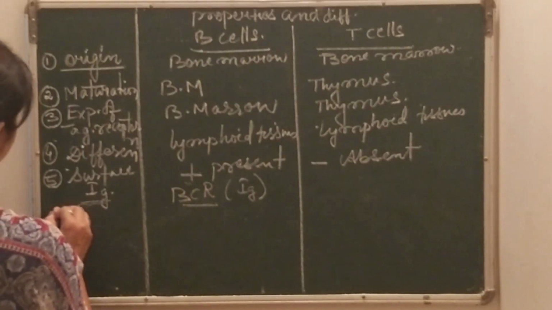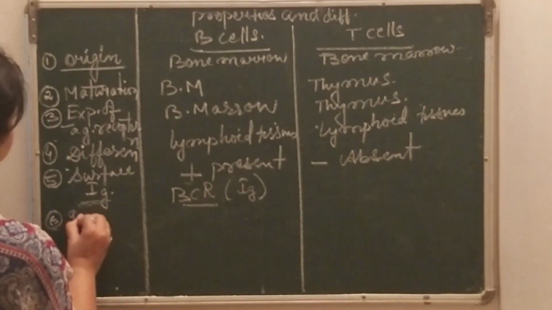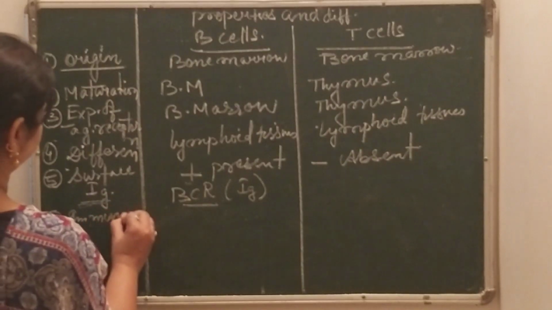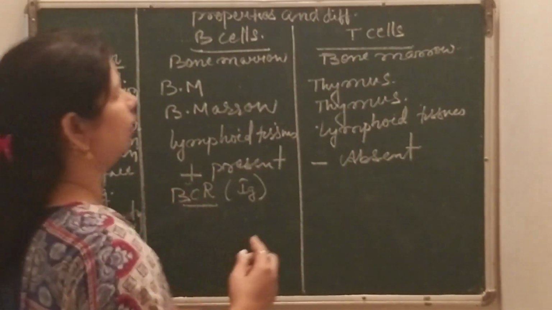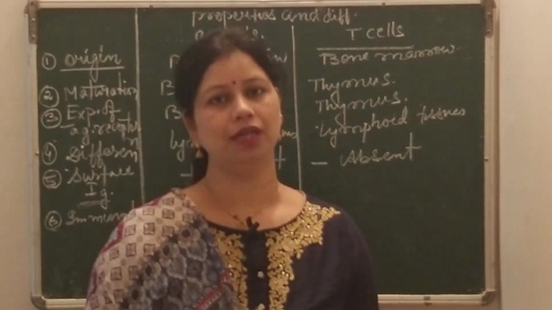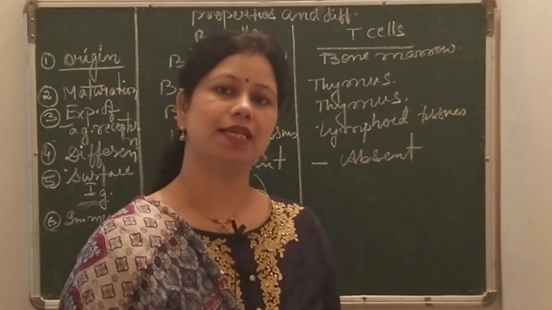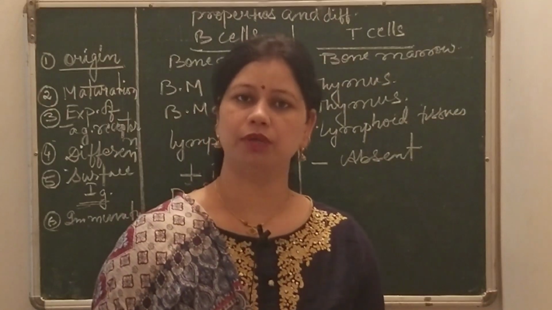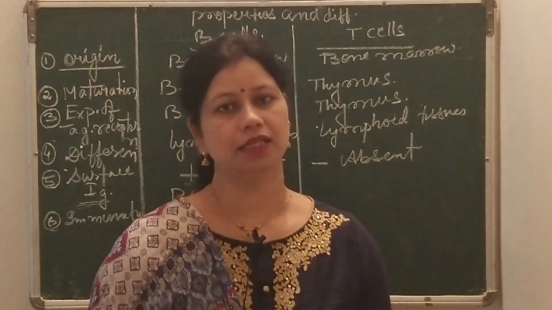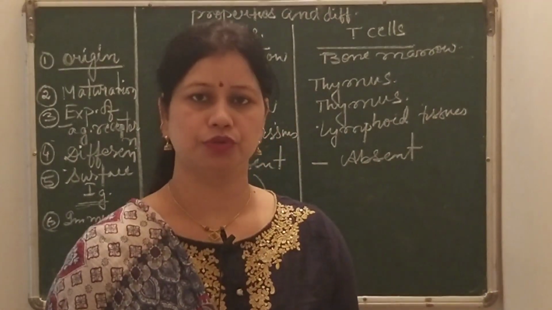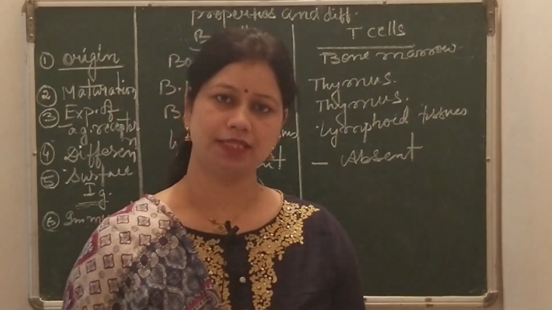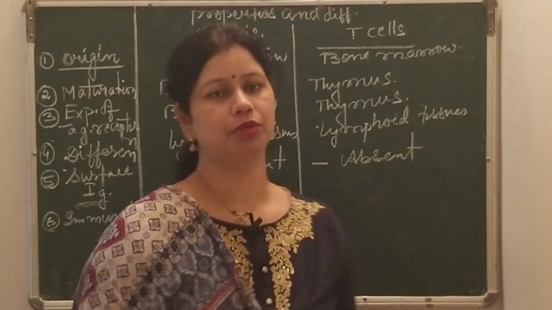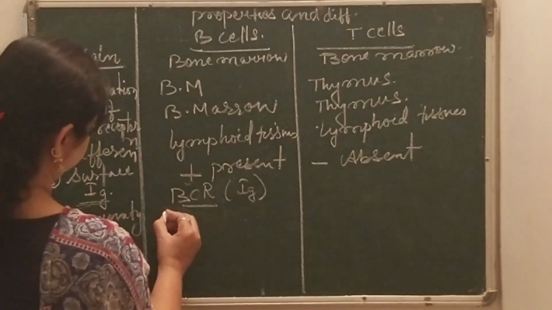Next point is about the type of immunity the T and B cells show. So, B cells show humoral type of immunity, HMI, humoral mediated immunity, and in case of T cells they show cell mediated immunity, CMI, as well as humoral mediated immunity.